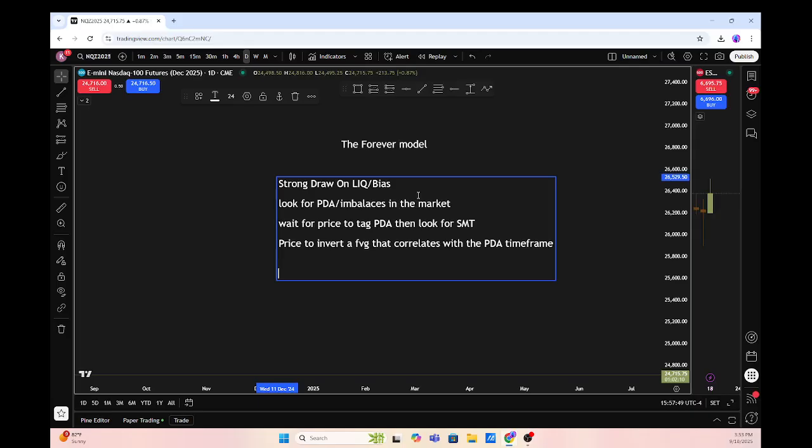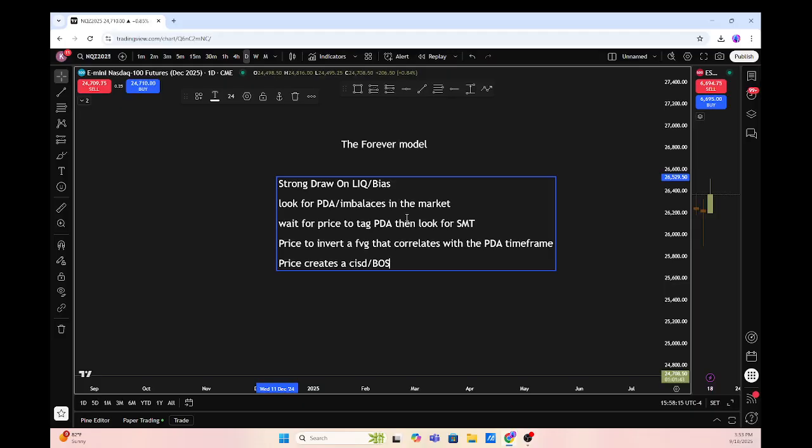And then after we get our inverted fair value gap, what I then want to see is a change in state of delivery, or a breakup structure. I will show you guys again what all these are.